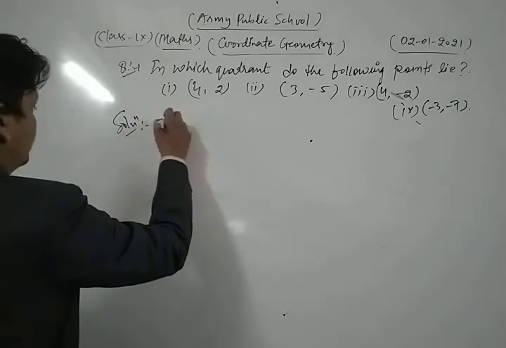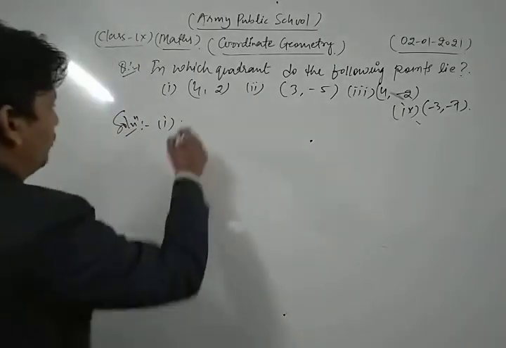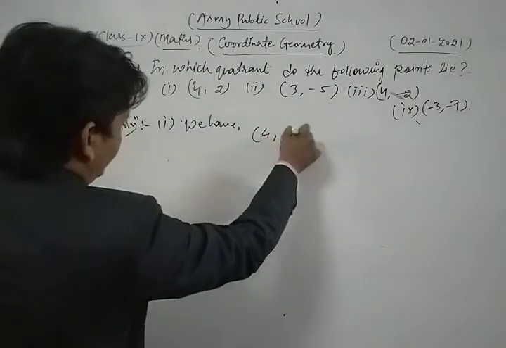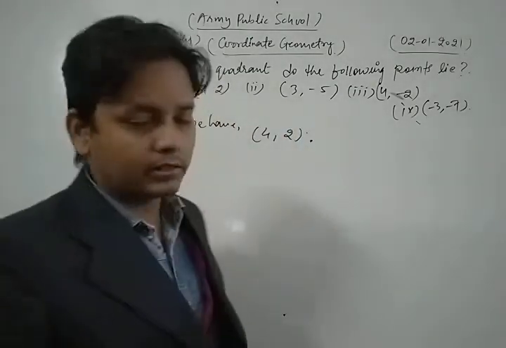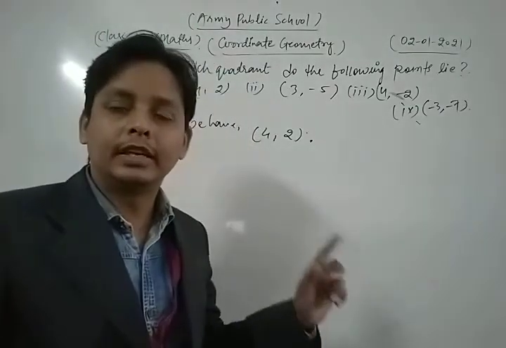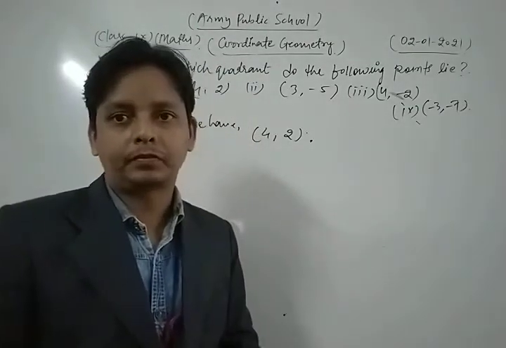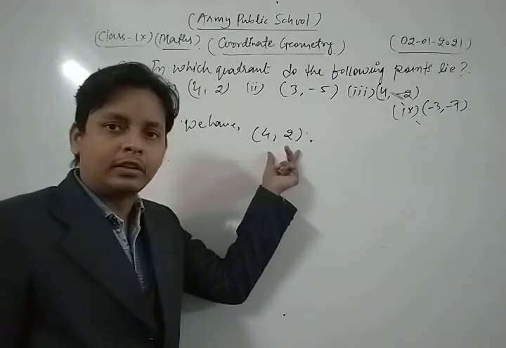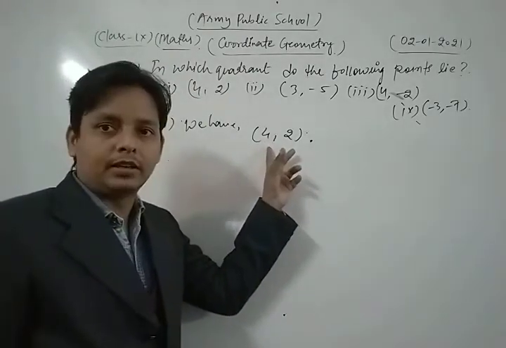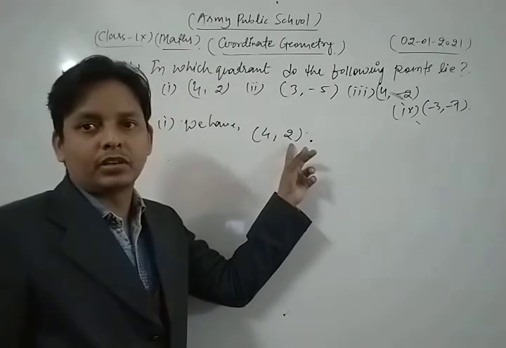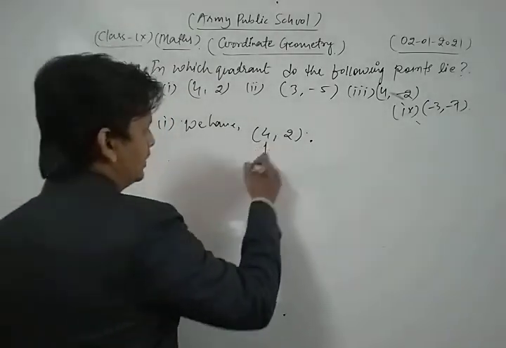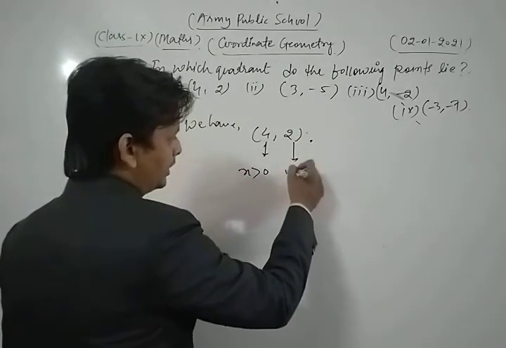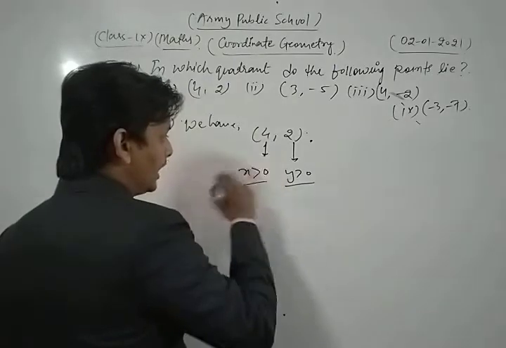We take the first part of this question. Dear friends, we have the coordinate (4, 2), and we have to tell in which quadrant that coordinate lies. In this ordered pair, the first represents the abscissa and the second represents the ordinate. So this x is greater than 0 and this ordinate is also greater than 0, means both are positive.